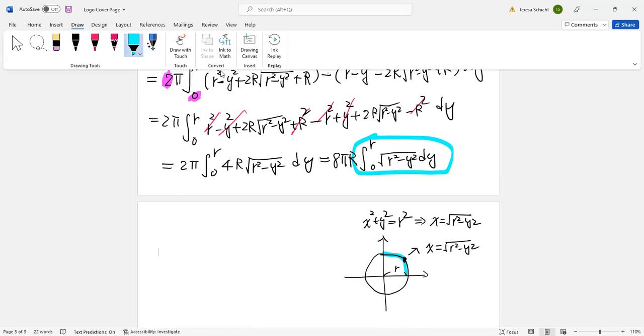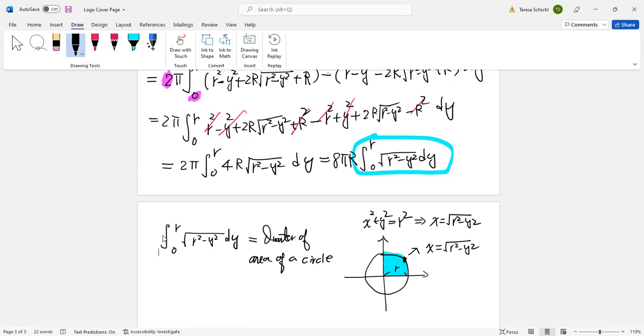So what is this blue one? I'm integrating from that, so it's this blue area, correct? And what is this blue area? The integral from 0 to r of the square root of r squared minus y squared dy is a quarter of the area of a circle.